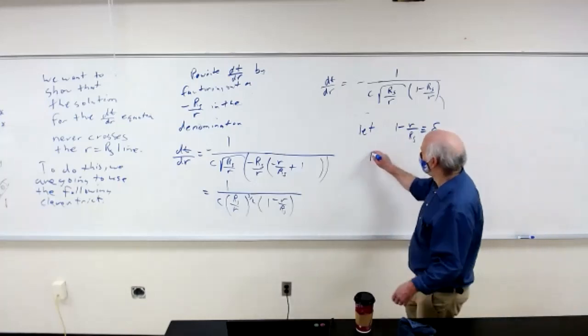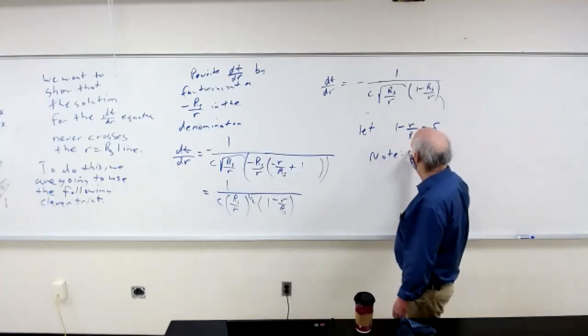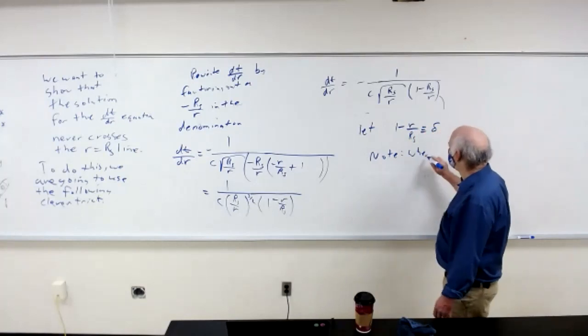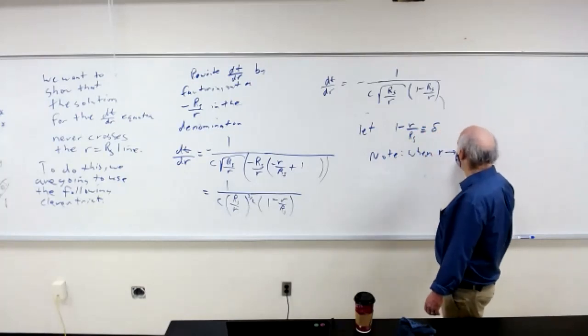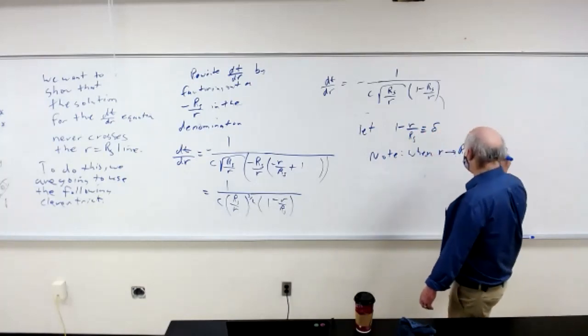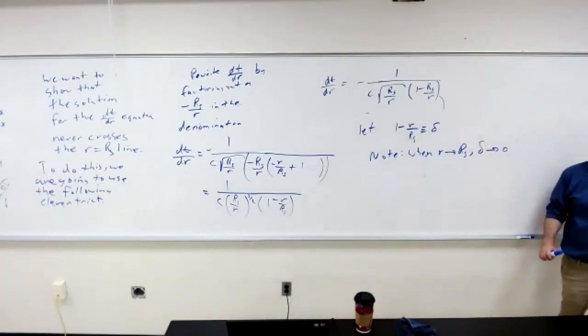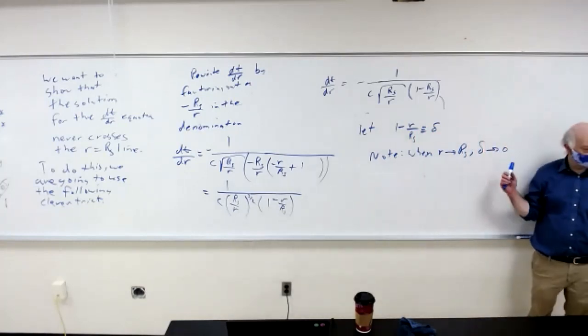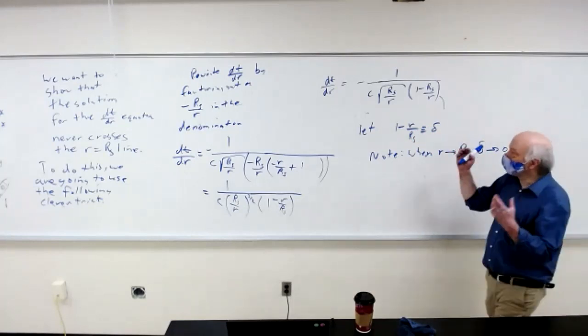Note, when R approaches R sub S, delta goes to 0. And this is the only region we're interested in. So let's make this substitution.